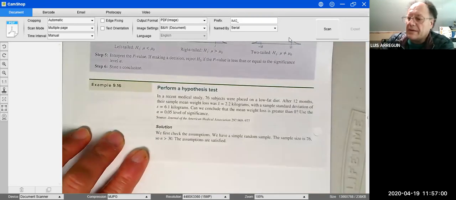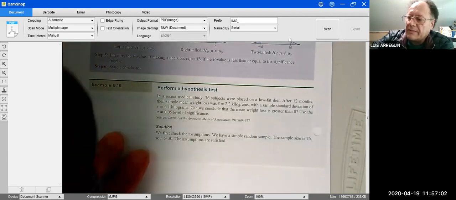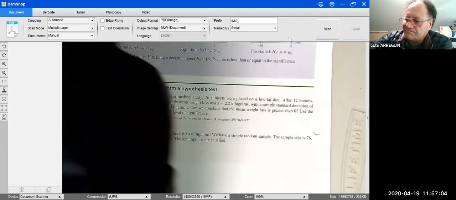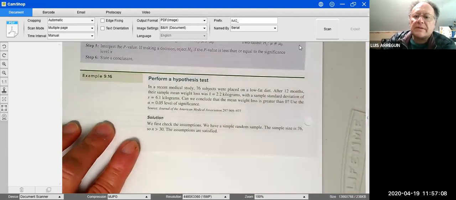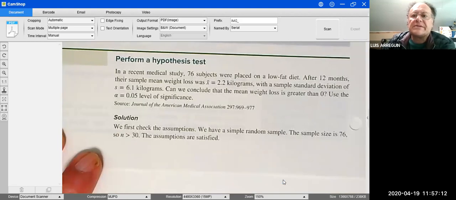So we have this problem. The problem says the following. In a recent medical study, 76 subjects were placed on a low-fat diet.